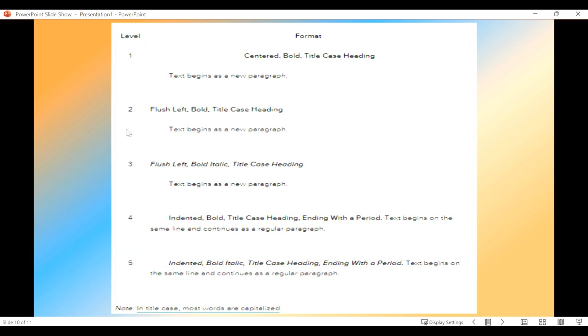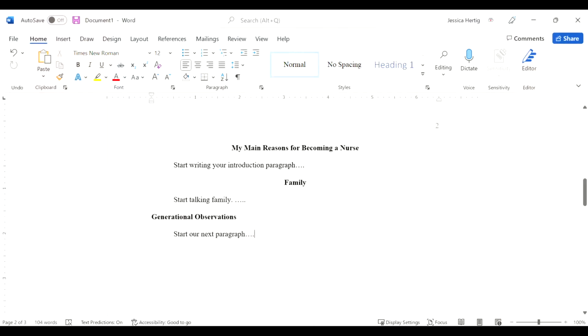It very well could happen in your professional and even your student careers, so you should be aware of what those formats are. But more often than not in your basic papers, you're going to have a level 1 heading, maybe a level 2 heading in some instances. But you should be aware of what that looks like just in case you do go beyond that, or if you go further in education and you actually do need that many levels.